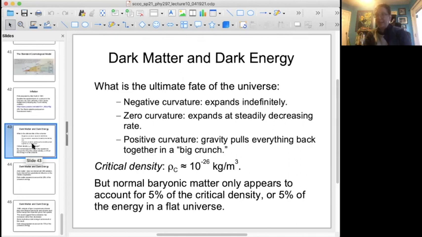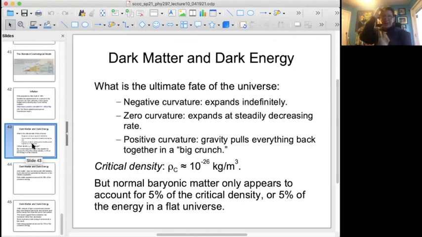If the curvature is negative, the universe will expand indefinitely. If the curvature is zero, it'll expand at a steadily decreasing rate. So gravity will slow the expansion down, but never bring it to zero. In positive curvature, gravity does bring it down to zero, and then everything comes back on each other.